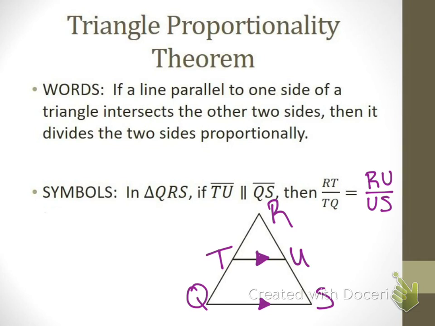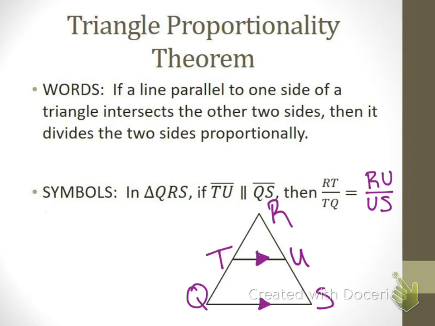So in symbols, or in this diagram down here, in triangle QRS, if we've got TU and QS parallel to each other, so TU is the one cutting somewhere in the middle of the triangle parallel to that other side, then RT over TQ, that ratio, is equal to the ratio of RU over US. So those pieces are proportional.